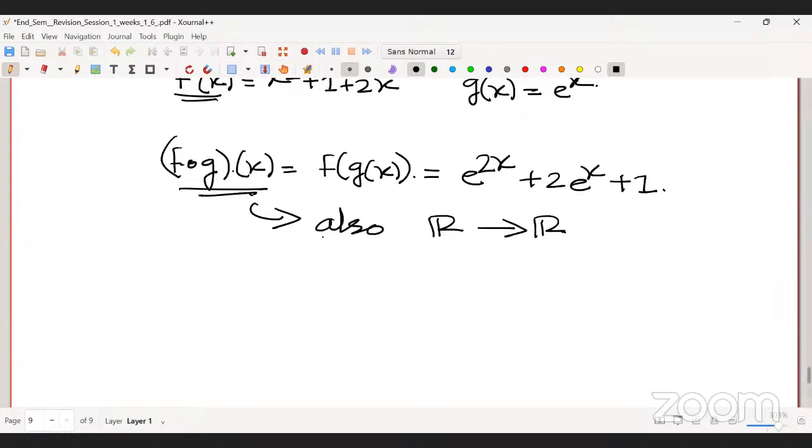So okay, let me take some slightly complicated function. You take f of x, which is 1 by x minus 1, right?